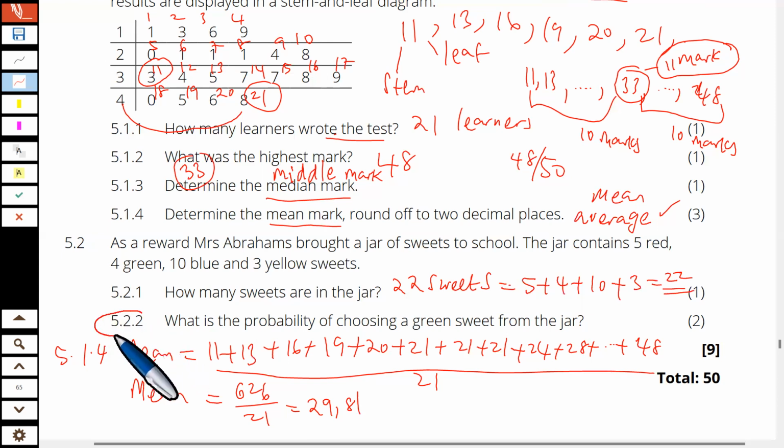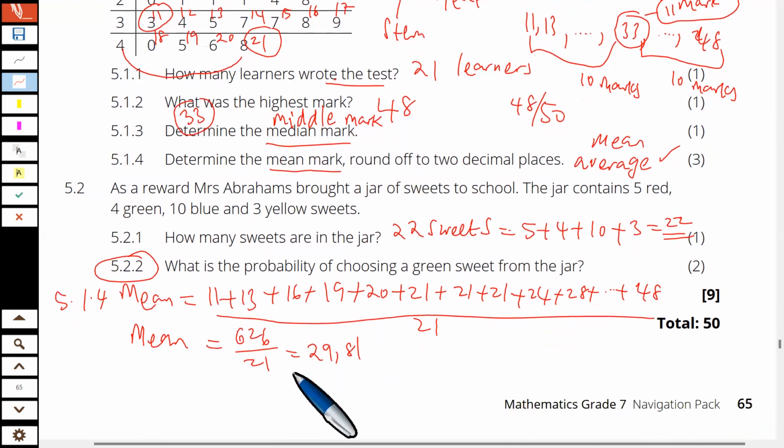What do you think? I'm giving you a minute to find the probability of choosing a green sweet. 4/22. Yes. So the probability of choosing a green sweet: how many green are there?